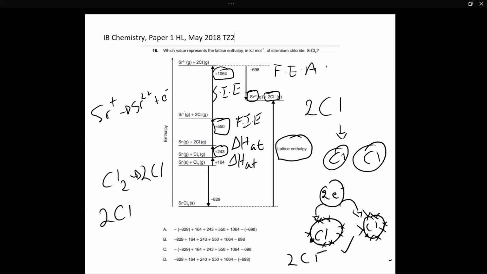That's first ionization energy. If you need 2 electrons, remove another electron. That would be second ionization energy. And now that you have the electrons, add them to the chlorine. That's first electron affinity. And perhaps in another example, if your negative ion requires 2 electrons, then you can also add the second electron affinity.